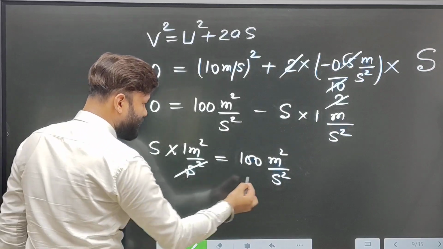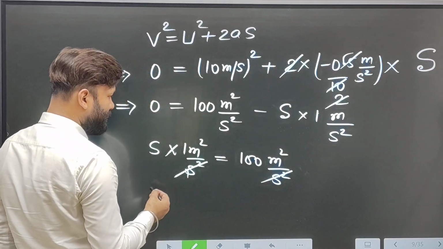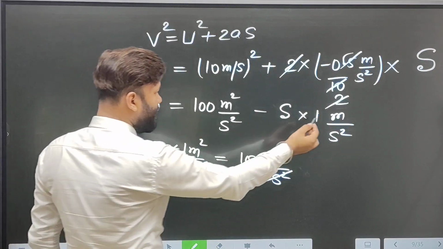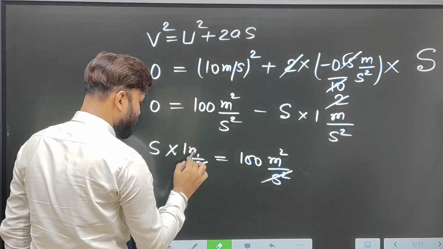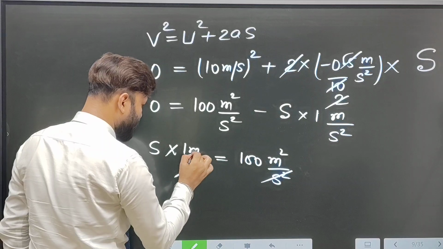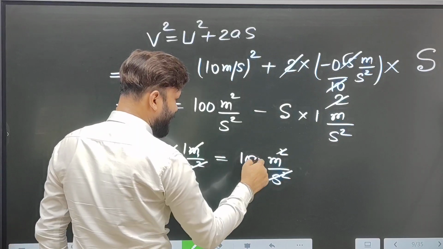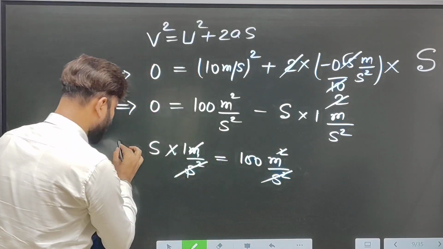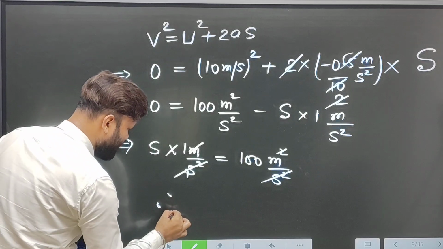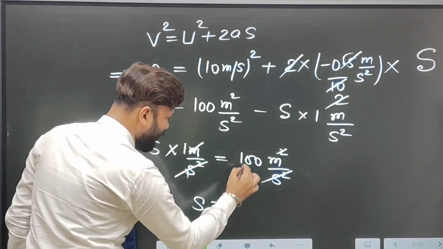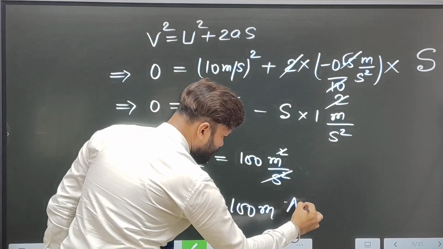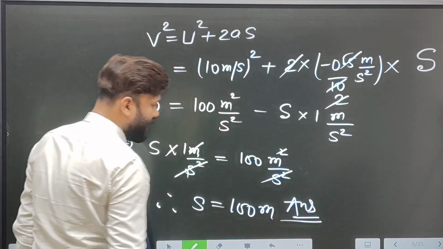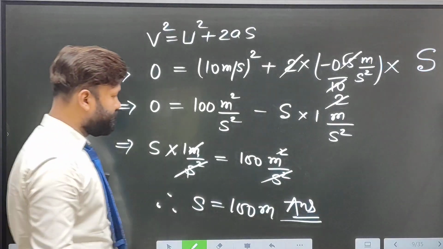Now second square cancels. Here it is meter only, not meter square, students. 1 meter and 1 meter cancel, so 1 meter will remain here. So how much distance have we calculated? 100 and the unit is meter. So this is the answer of question number 3.